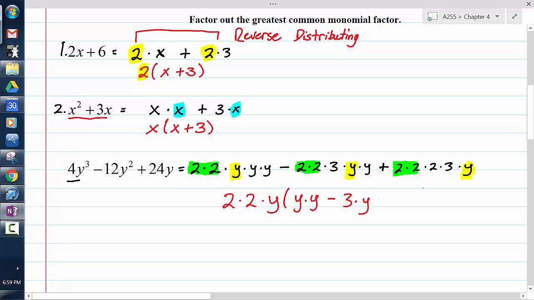And we have a 2 times 3 left. So if we put all of those back together, you end up with 4y times y squared minus 3y plus 6.